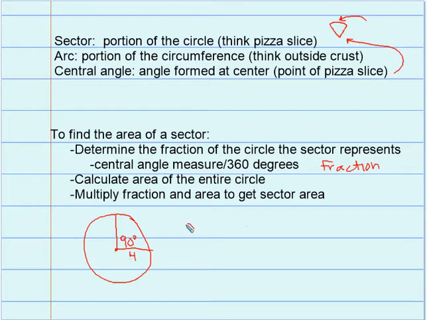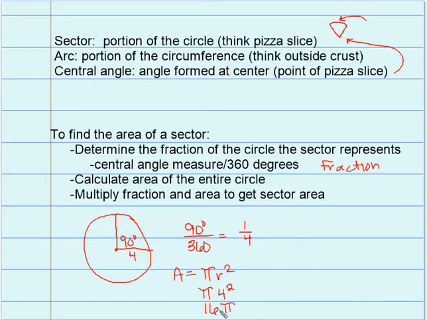So it's 90 degrees divided by 360 degrees, which is going to give us 1/4. Then I need to calculate the area of the entire circle. And remember that area equals pi times radius squared. And I know the radius is 4, so it's pi times 4 squared, which would be 16 pi.